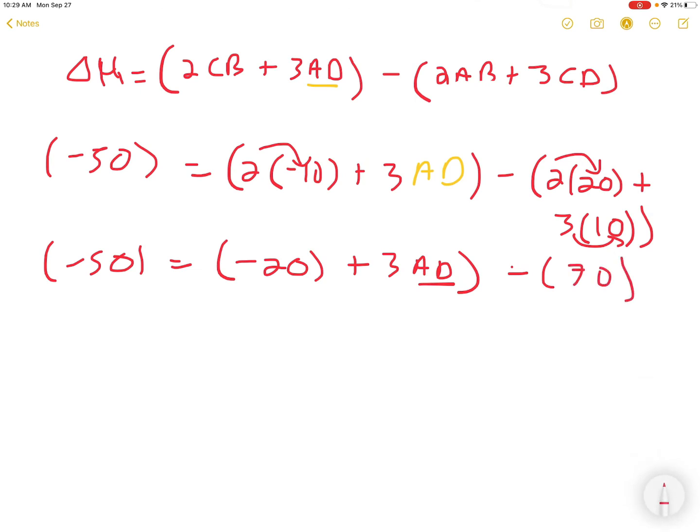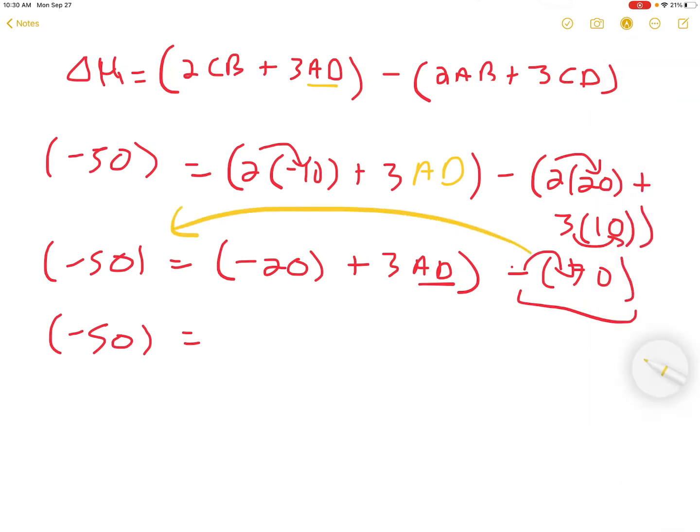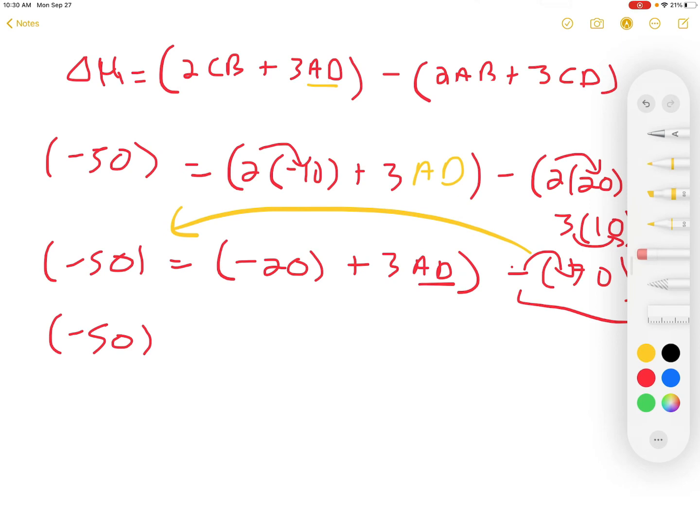And then of course we can apply the brackets, and then we would have negative 50 equals, and I'm going to move this entire thing over here. This would become negative 70. When I move it over here, instead of negative 70, it'll become positive 70.